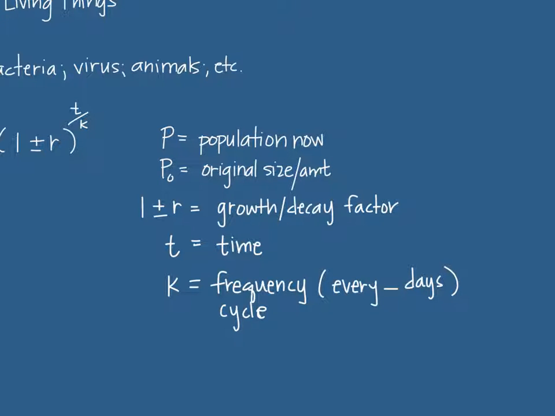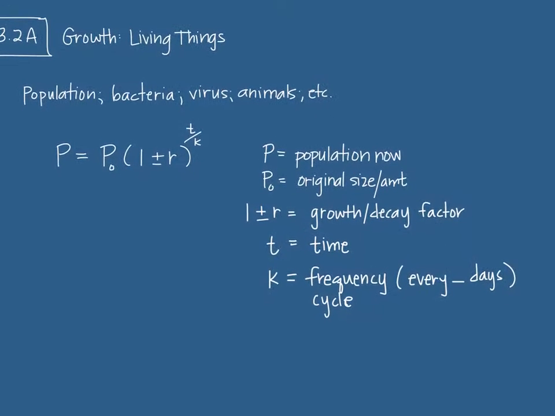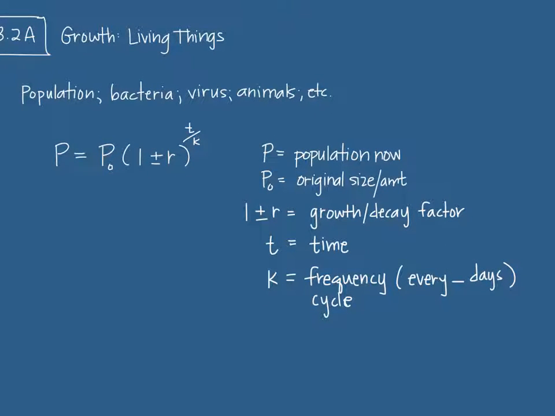Like, my mom measures my height every year on my birthday, or I take my pulse every day at this time. If it's every something, or how often it happens, that's the frequency cycle, and that'll be going in for K. So that's what the numbers mean. And then your job is just to drop those numbers into the different values.